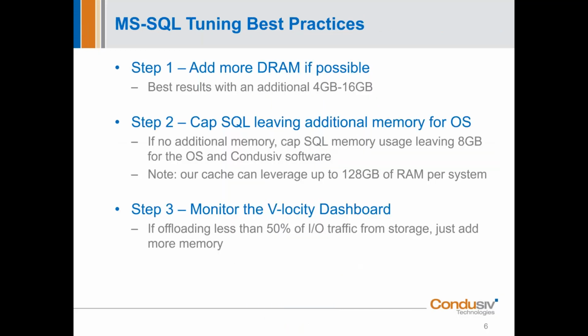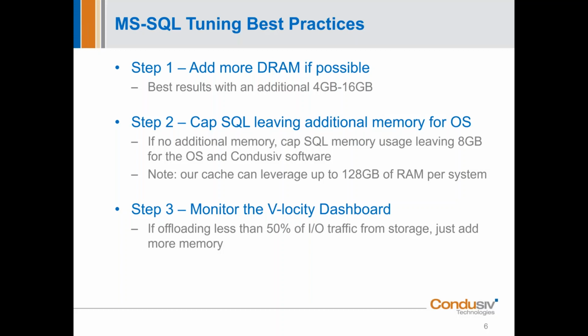Now, at this point, some of you keen DBAs will be thinking, yes, but SQL is already using most of the available memory in the machine. How can you possibly create a RAM cache? And that's a great question. It's true that if SQL is left uncapped, often there wouldn't be enough RAM for our software to create a cache with.